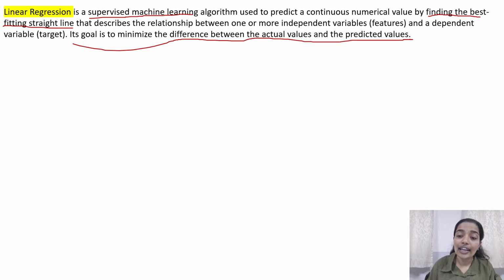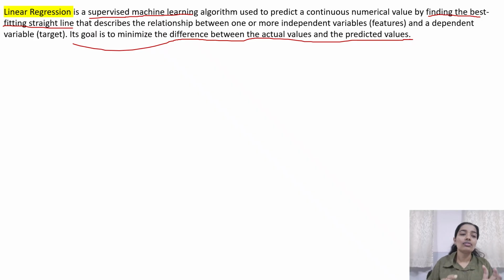But here we want a value to be close to the actual values, and that is basically the best fitting line. The best fitting line is the line from where the difference between the actual values and the predicted values is minimum. We are going to take an example and understand how exactly linear regression works.